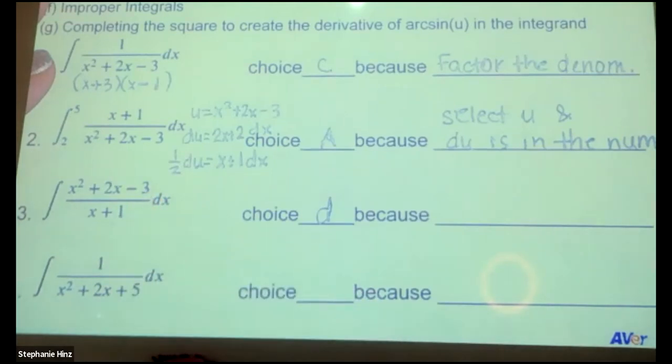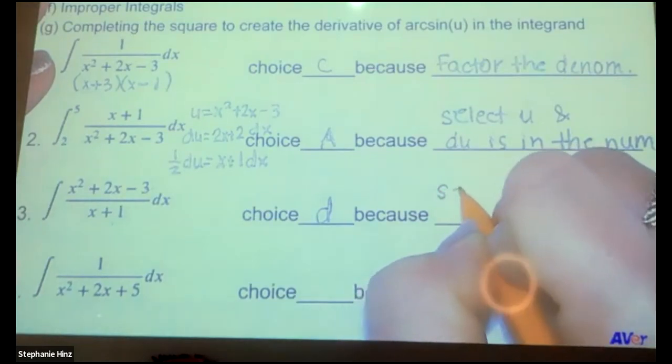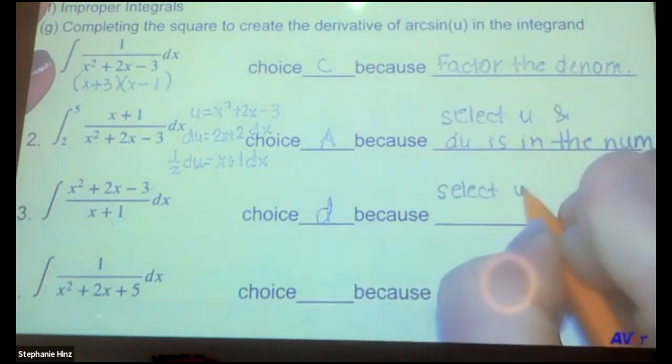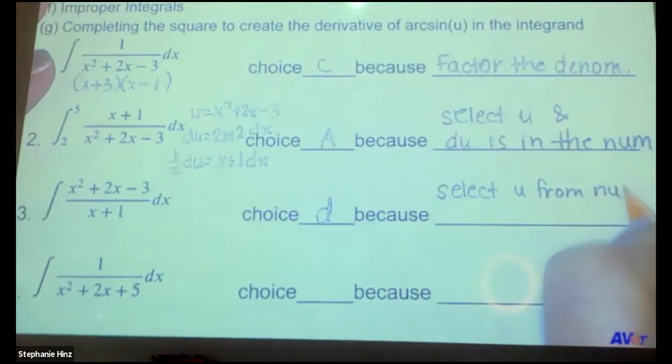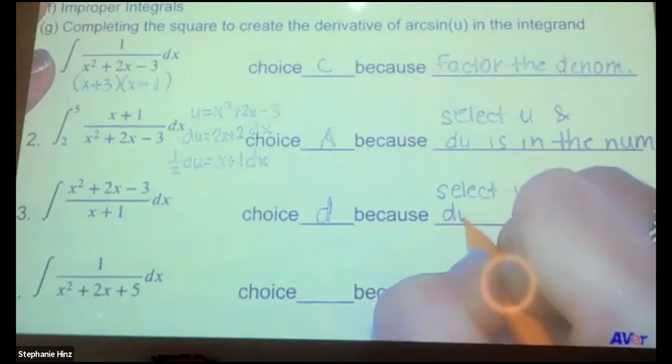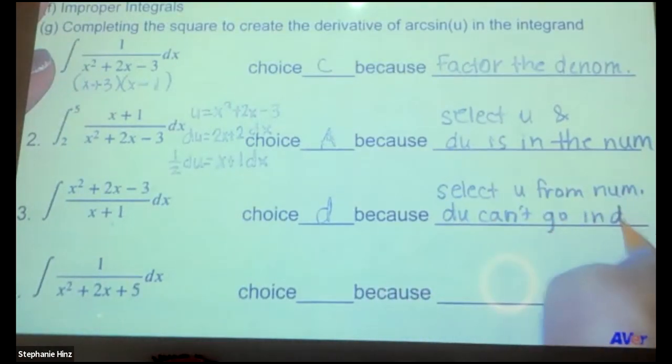All right. And so our B is, if you select the u from the numerator, the du can't go in the denominator.